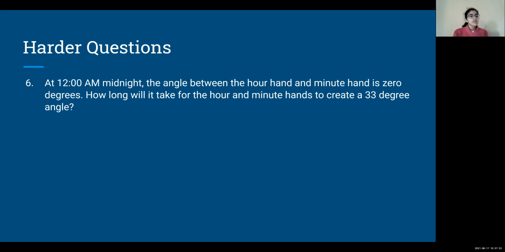And if you think about it, when you're looking at a clock, if it's like 12:01 a.m., that degree measure is going to be less than 33 degrees, like 5.5, I think, right? So it will have to be 33 degrees very soon after 12:01 a.m. So your answer should be within maybe a quarter of an hour.